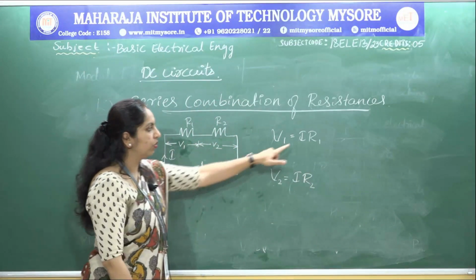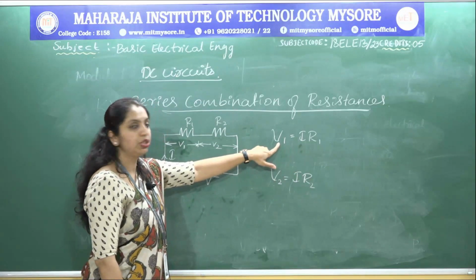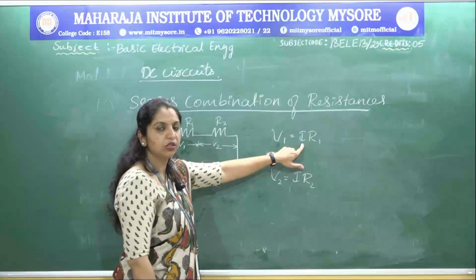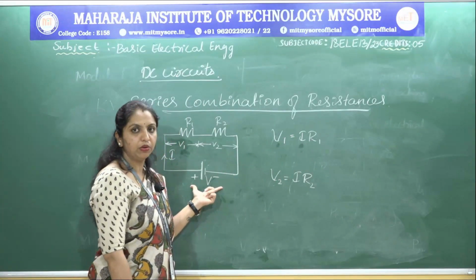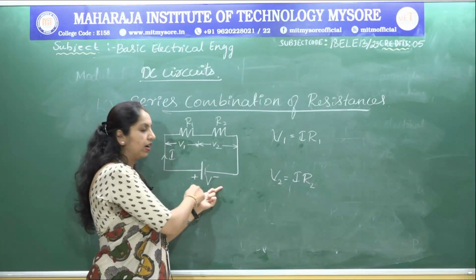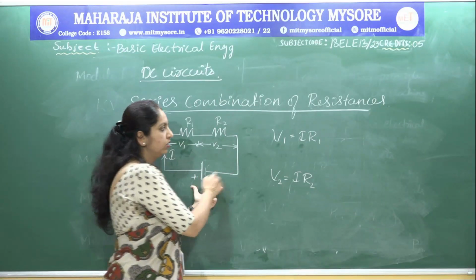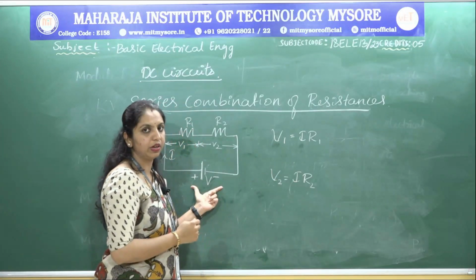So what is this I? Because I have told you that V1 should be calculated without having the value of I. So how is it possible? That means with the help of only the applied voltage. That is nothing but the voltage divider rule. So here we are finding the value of V1 and V2.